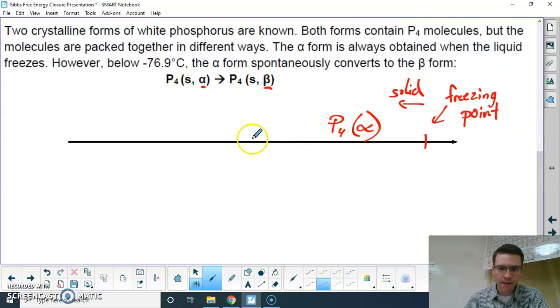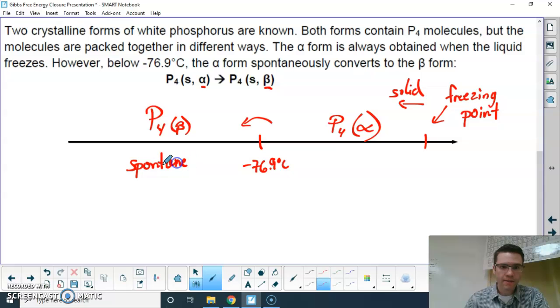So we're going to keep cooling this off, and at negative 76.9 degrees Celsius, this process becomes spontaneous, and as we cross this threshold, we start to produce predominantly P4 beta, which means this process, alpha to beta, is spontaneous at low temperatures. So we're spontaneous over here, and the process would be non-spontaneous, I'll just do NS for non-spontaneous, on this side.